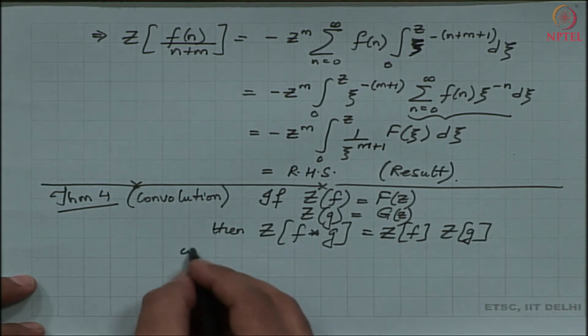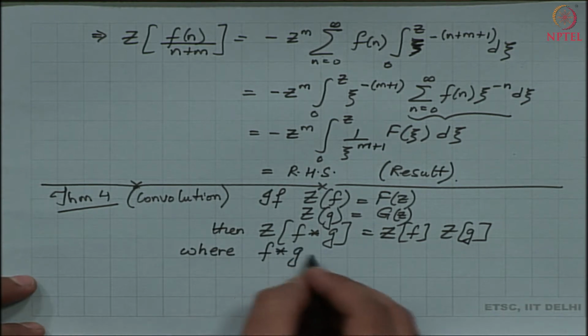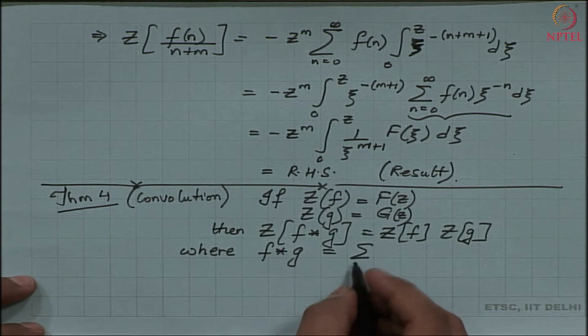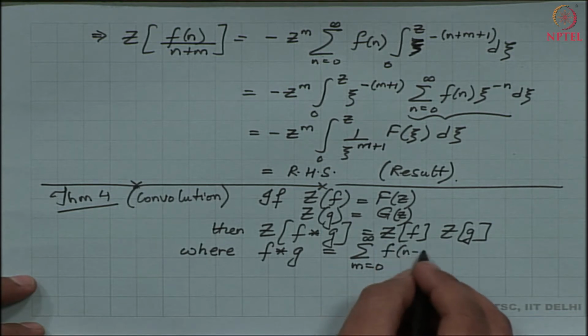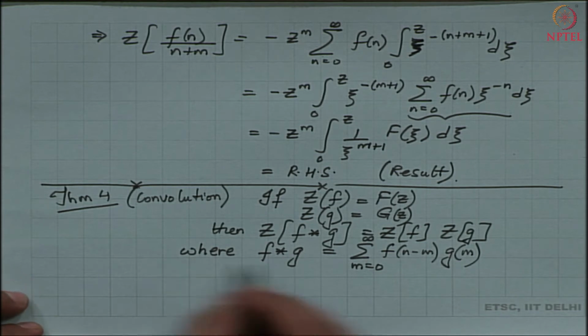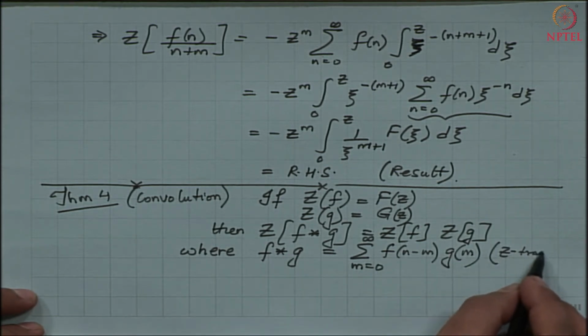Namely, I need to define the convolution. The convolution of two functions in the z transform sense is defined by the summation m from 0 to infinity f of n minus m g of m.